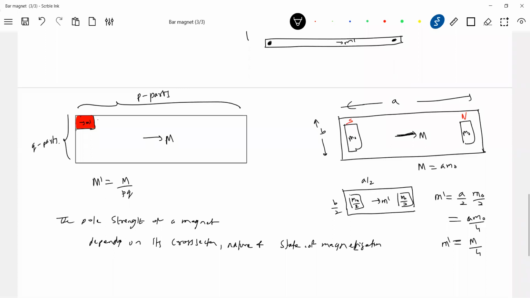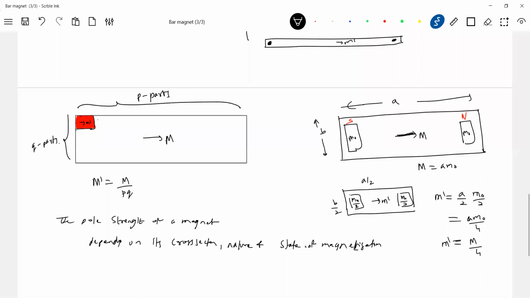Cross section is definite, like a broad magnet or a narrow magnet. Nature means is it made up of nickel, iron, cobalt, or any other diamagnetic or paramagnetic substance. Then state of magnetization: how much it got magnetized. Iron is not a magnet, but you can magnetize it. How much you magnetize it will determine the pole strength here.